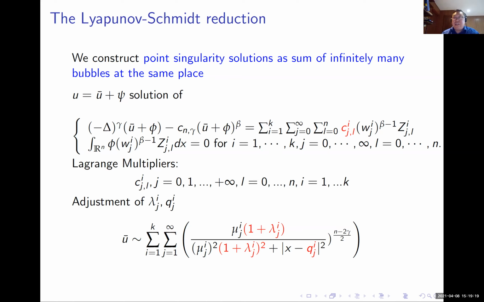And this you can do. You can use the inner and the outer aspect and all this. You get infinitely many Lagrange multipliers.